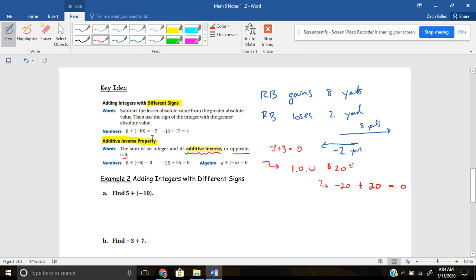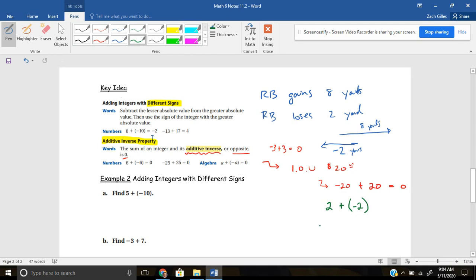Basically, when you add opposites, you get 0. And it's really easy to show that with integer counters because, say for example, let's use just 2. Say I had 2 plus -2.